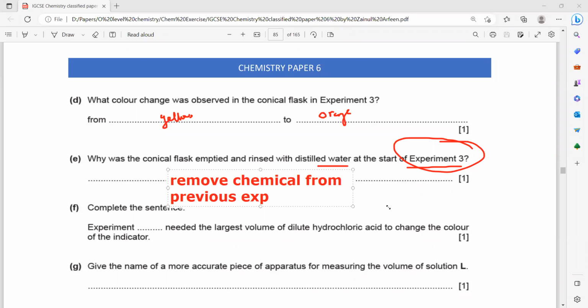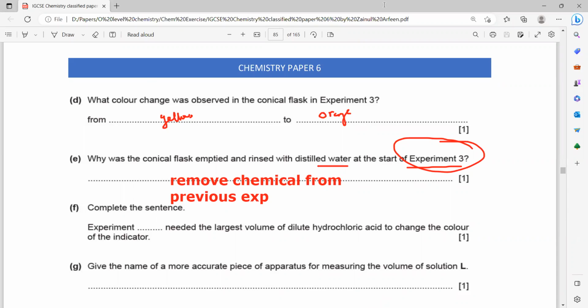Avoid contamination. The question is why it was rinsed, so the proper answer is to remove chemicals, substances or solutions. Contamination is also acceptable, like it won't contaminate, that's also fine.